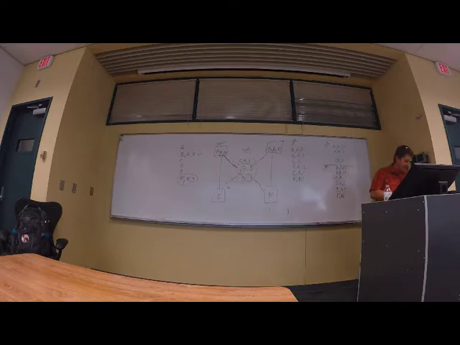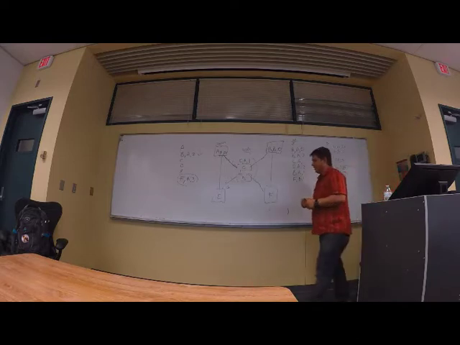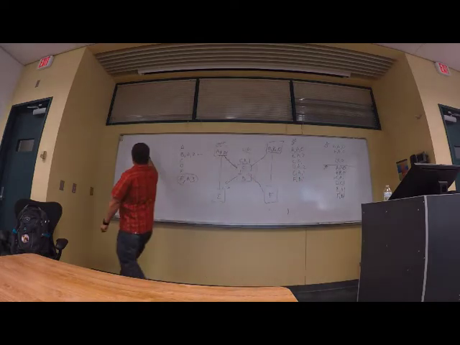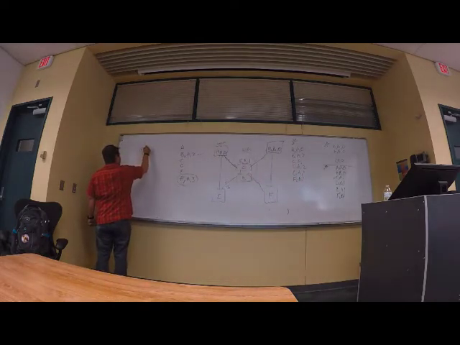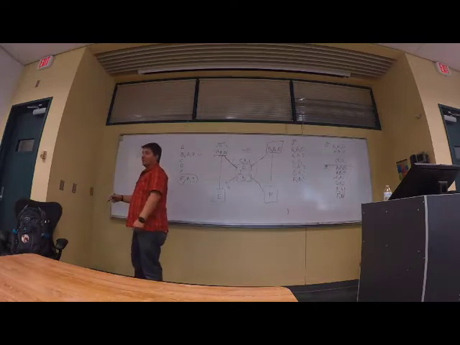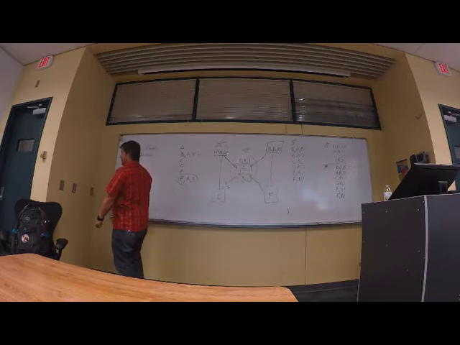What are our facts? 10 frames, and an 80% chance of getting through for each. This is 80% positive, right? If we make the 80%, we made it. Not 80% negative.